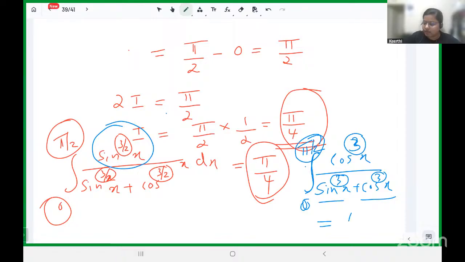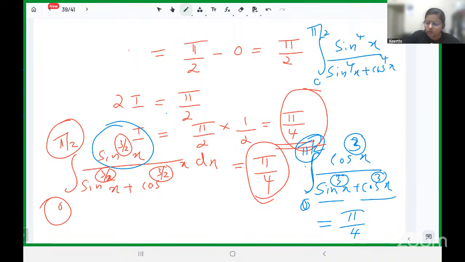Then the answer will be pi by 4. If it is sine raised to 4x divided by sine raised to 4x plus cos raised to 4x from 0 to pi by 2, what will be the answer? It is nothing but pi by 4. This is also an important result from this chapter.